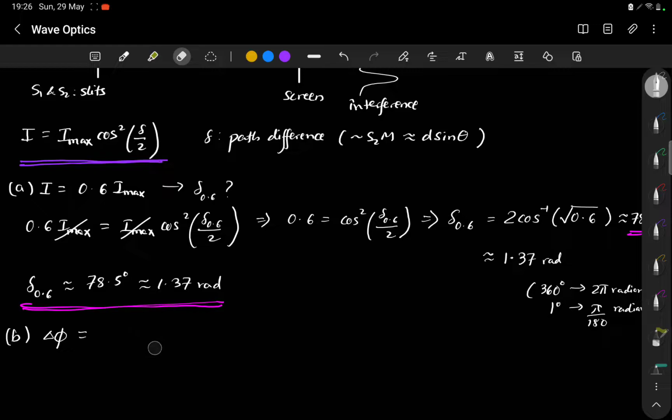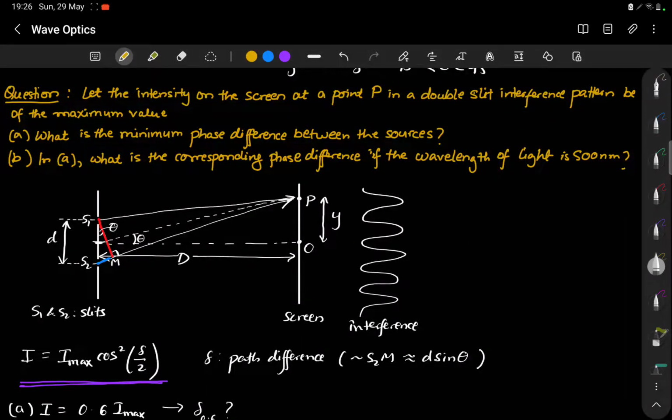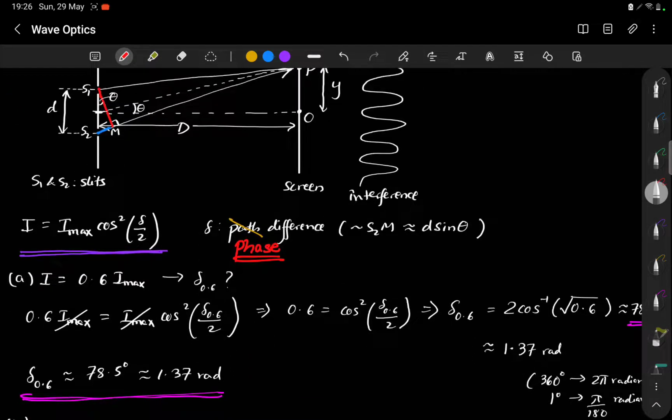Sorry, I have made a mistake over here. Actually, in this part A, we were supposed to find out the phase difference, and delta is not path difference, it is phase difference. The argument of a cosine function is always in radians, so this is phase difference, not path difference.